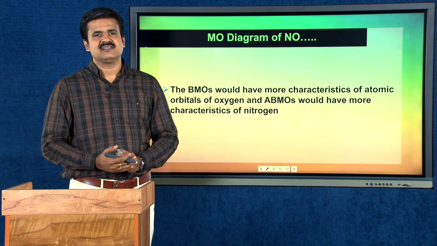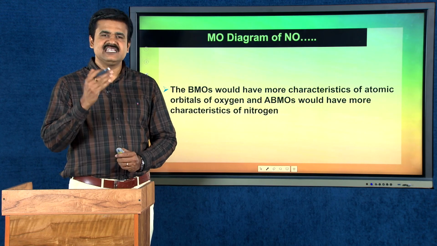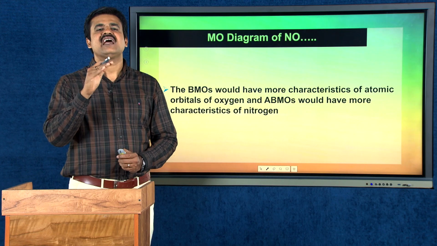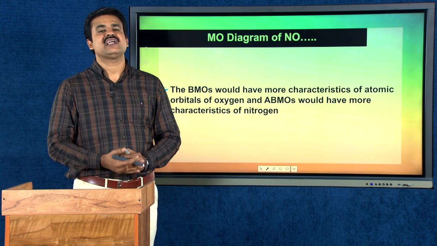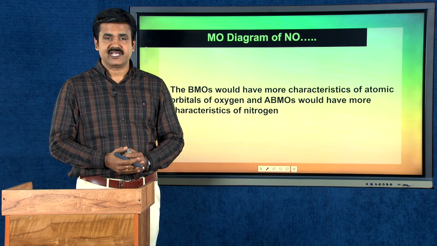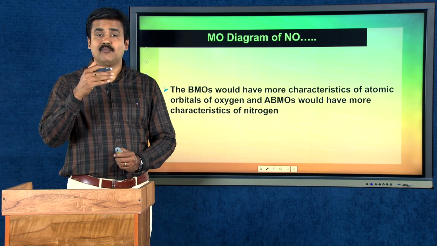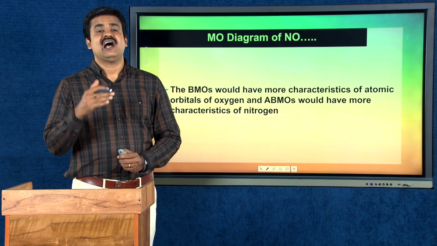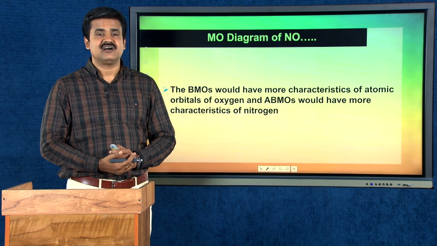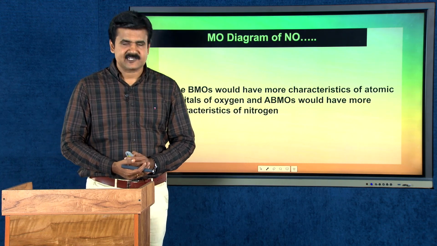This is because in the NO molecule, oxygen is more electronegative and the energy of its atomic orbitals lies just below the corresponding atomic orbitals of nitrogen. That means in the MO diagram, the bonding molecular orbitals have more characteristic features of the atomic orbitals of oxygen, whereas antibonding molecular orbitals have more characteristics of the less electronegative atom, that is nitrogen.